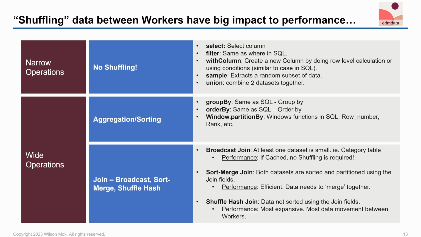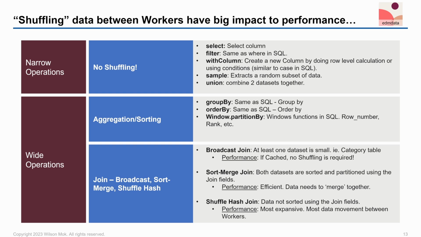The more challenging part is when we start doing wide operations. Those are usually things like aggregations or joins, so we'll go over them quickly for each one. Aggregation or sorting, so things like group by, no different than the SQL one. You're grouping data usually by a category or a date, and those usually are not the key field that you're operating on in Spark.